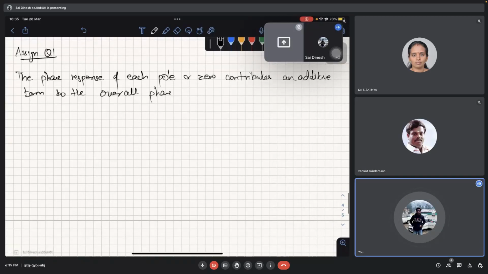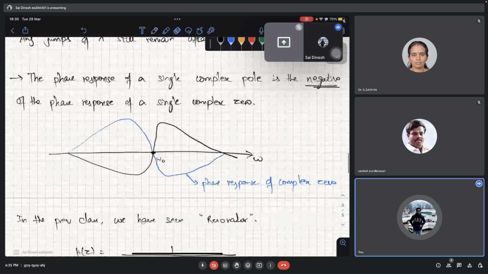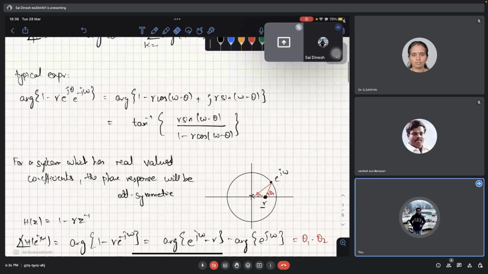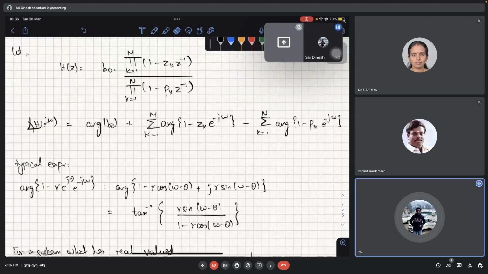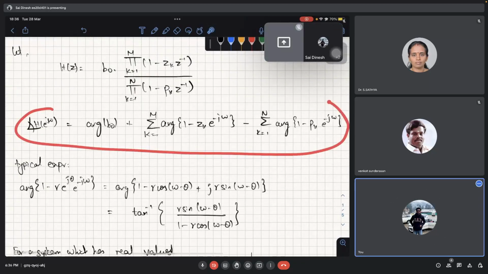Right, so earlier we have seen this equation, right?